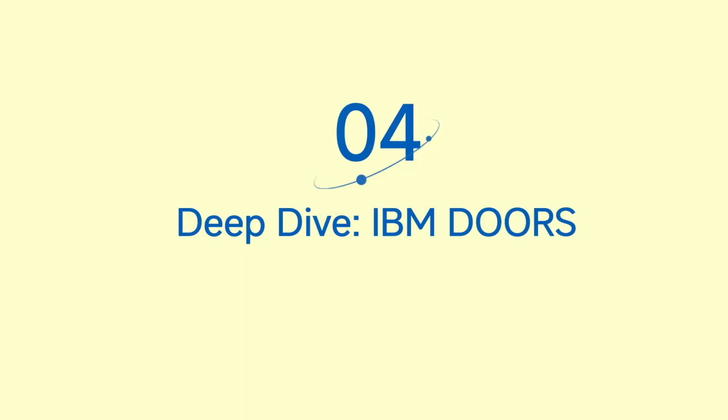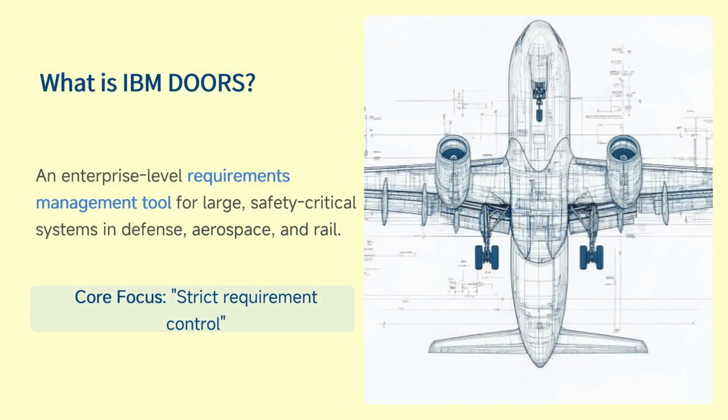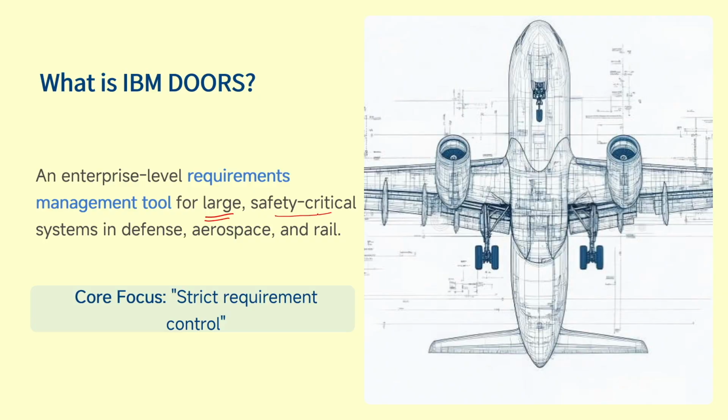So the third one is IBM DOORS. This is also a requirement management tool, but how it differs from JAMA is that it is for very large systems. Particularly, it is for very large systems and safety critical systems like defense, aerospace and rail, where if you miss one requirement, it may be very hazardous or very important for the general public.